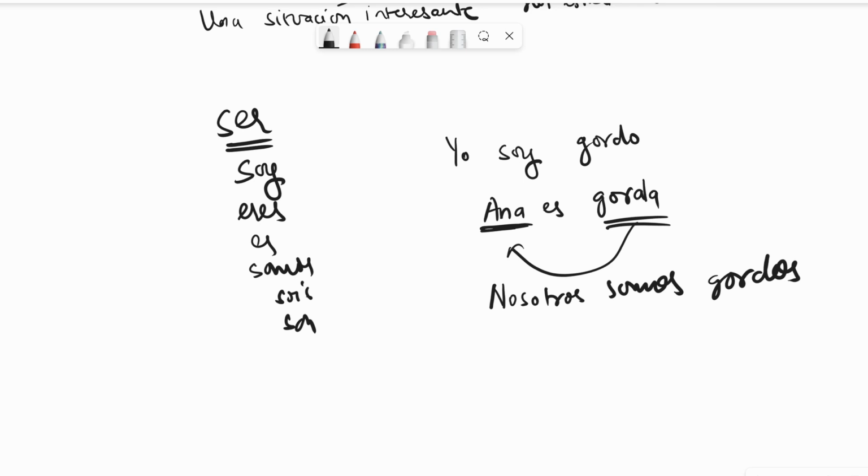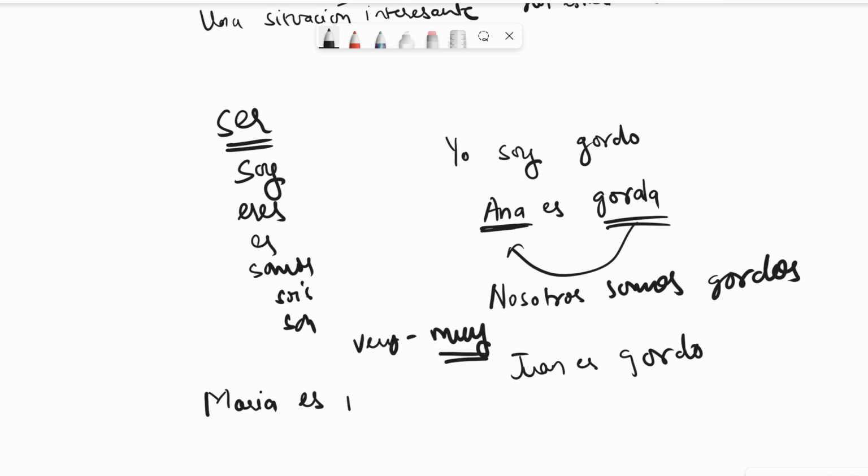If I wanted to say Juan is fat, Juan es gordo. If I wanted to say Maria is very pretty, Maria es, very in Spanish is muy, Maria es muy bonita. Maria is very beautiful.